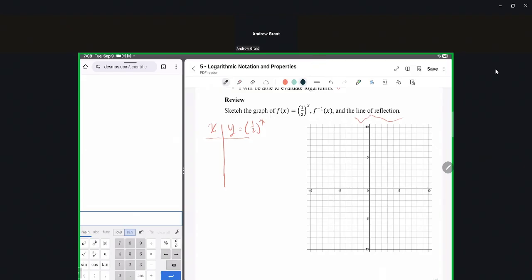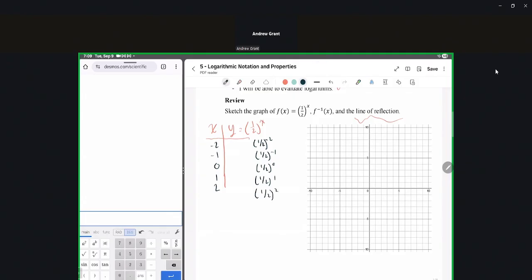Okay, so normal values to pick for x, let's pick -2, -1, 0, 1, and 2. When we insert this into the function, remember this will be 1 half to the power of -2, 1 half to the power of -1, 1 half to the power of 0, 1 half to the power of 1, and 1 half to the power of 2.